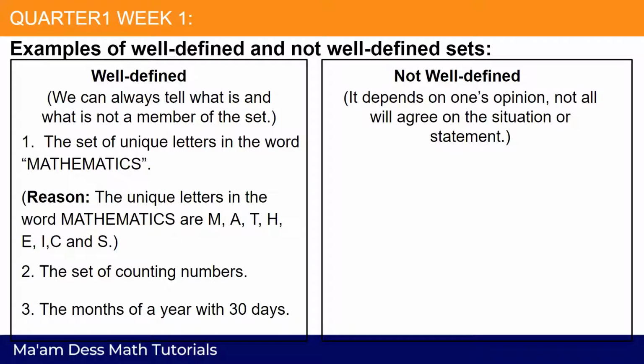May is not 30 days. So we have again April, June, what else? September, November. Okay.